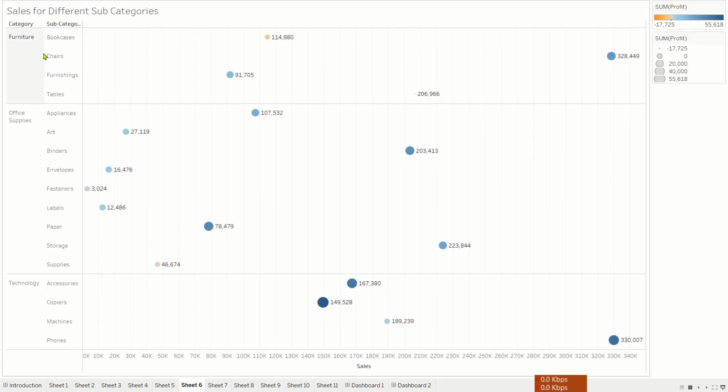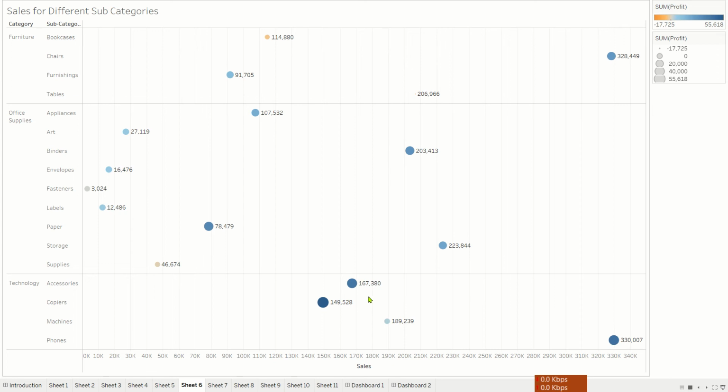Next, the sales for different subcategories. There exist some categories, and there exist some subcategories. From furniture, we see that bookcases have a greater loss, and also the tables have a greater loss. But if we select office supplies, we see that paper has a greater profit, and in technology, we see that phones have a greater profit.